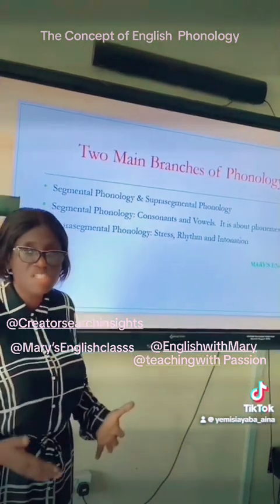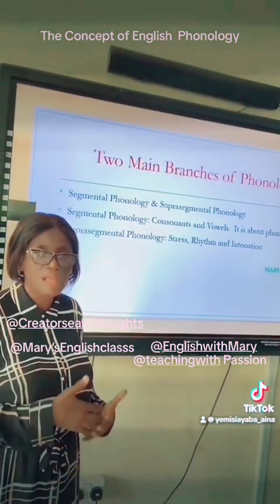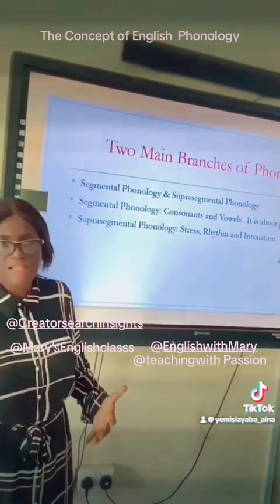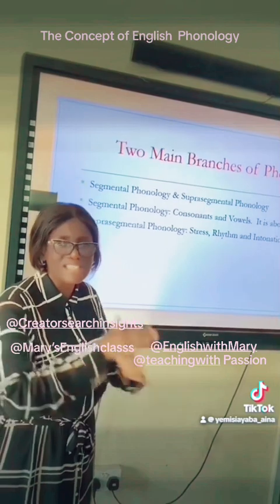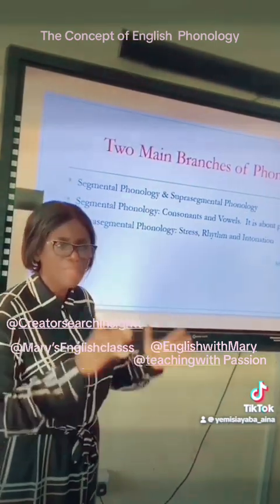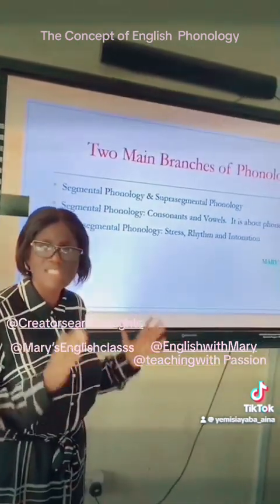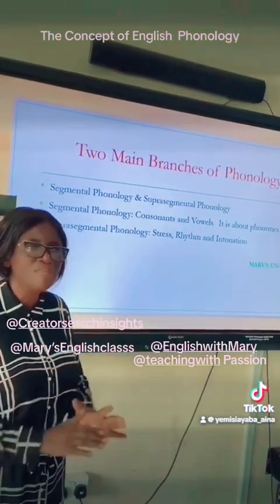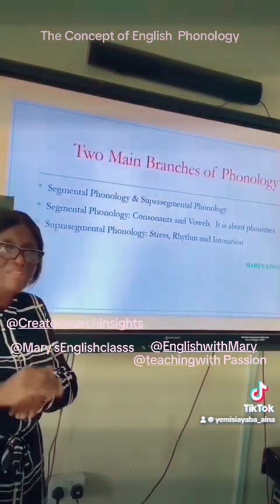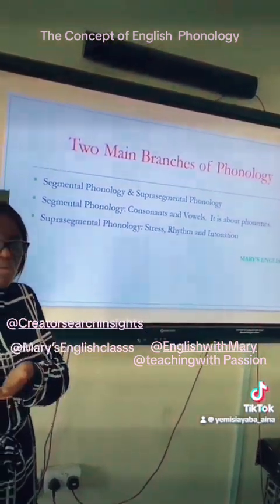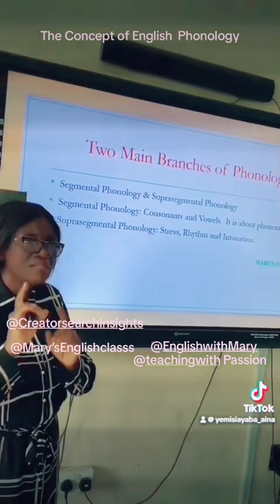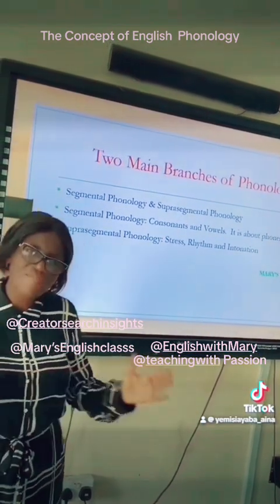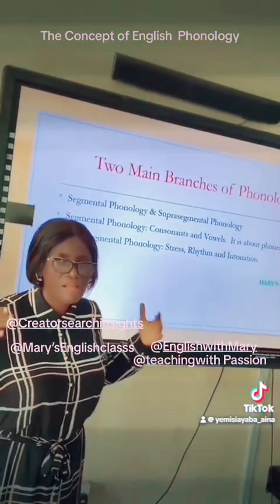That D there changes to T during pronunciation. So four consonant clusters. So in the English language, we have discovered that the maximum you can have at the coda, at the final position of English syllables, is four consonant clusters, and you may not have any at all, as we have stated.